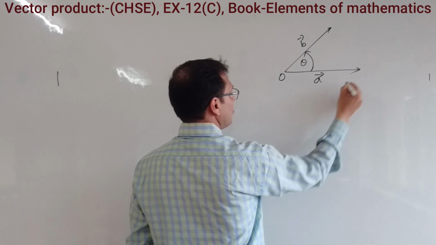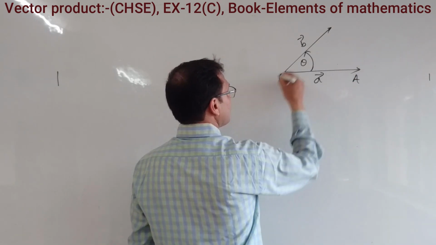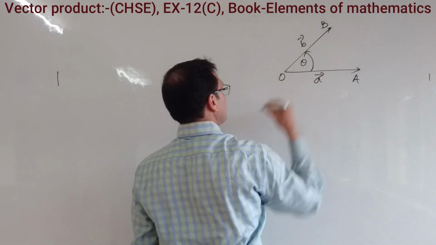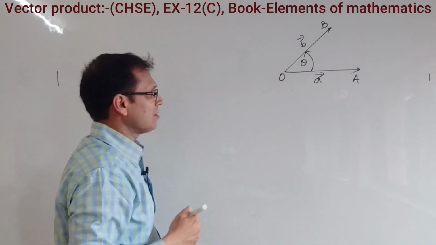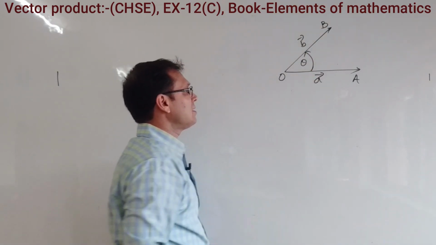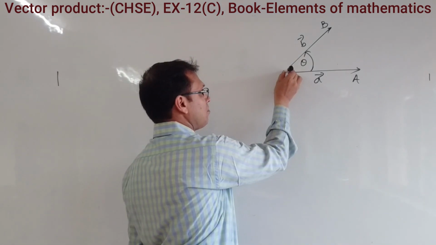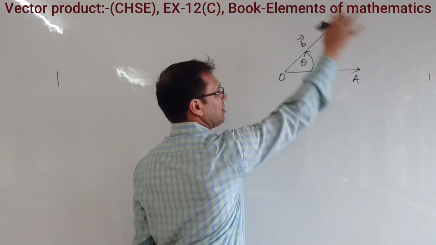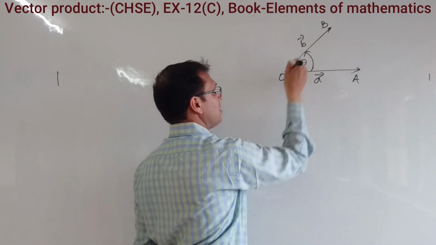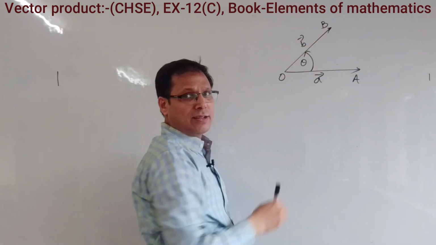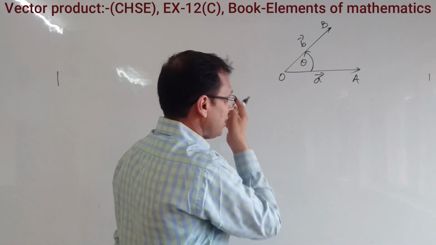This point is O, OA is a vector and OB is b vector, and the angle between them is theta. The unit vector perpendicular to the plane containing OA vector and OB vector is this one, that's why it is called n cap.